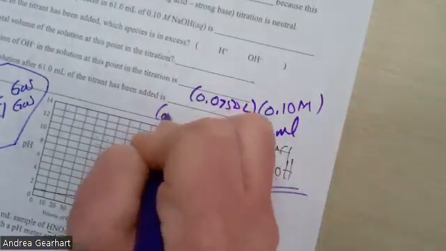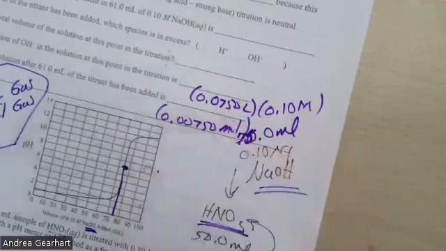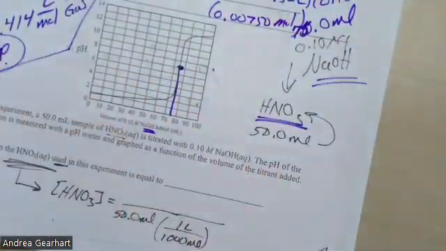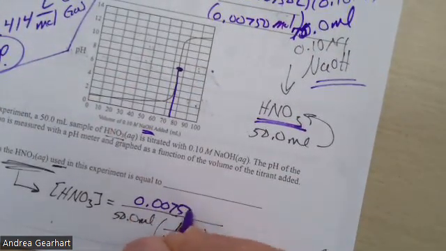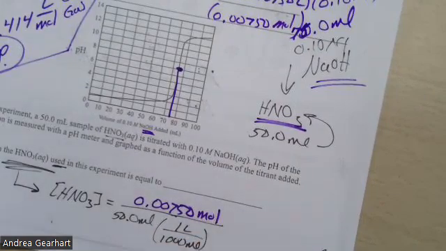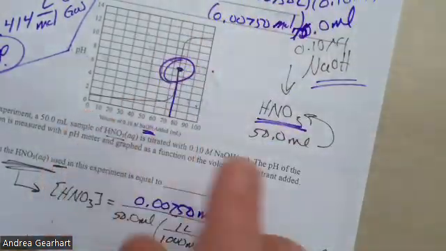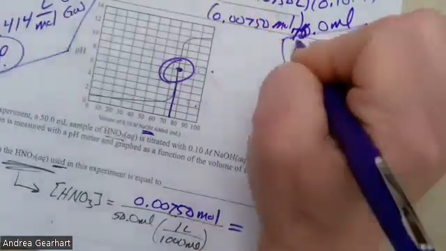So 0.00750 moles. Well, if that's how many moles of hydroxide, we know it's a 1-to-1 mole ratio. That's how many moles then of the HNO3.